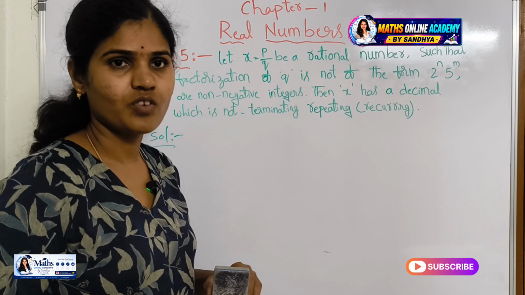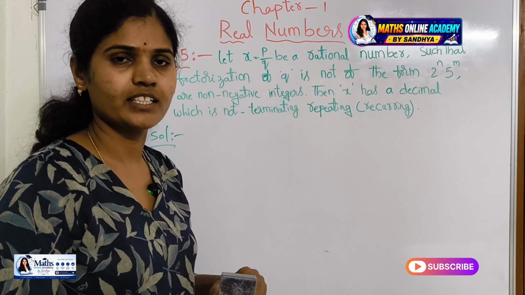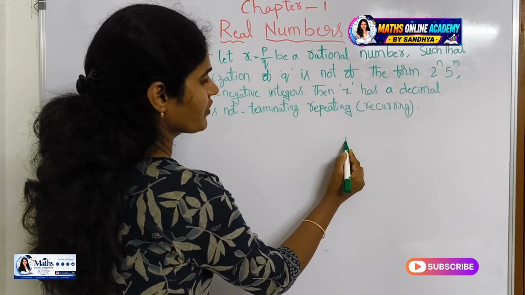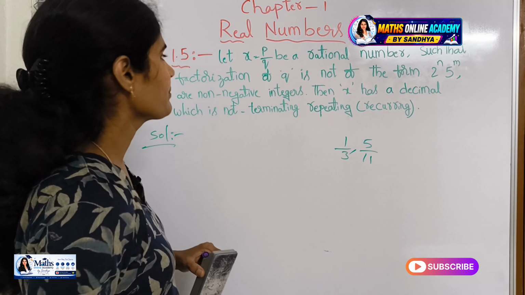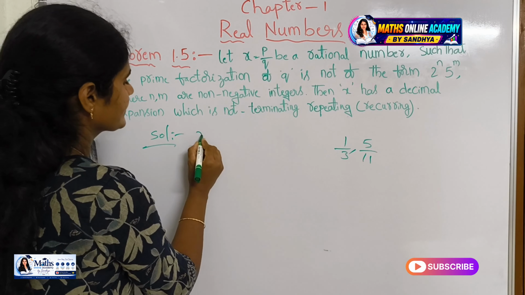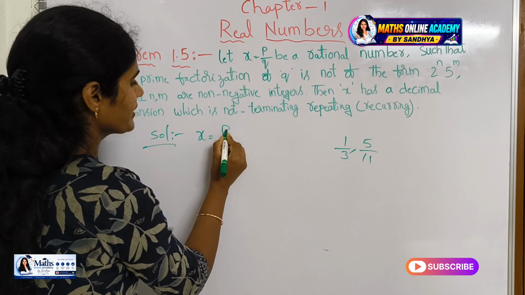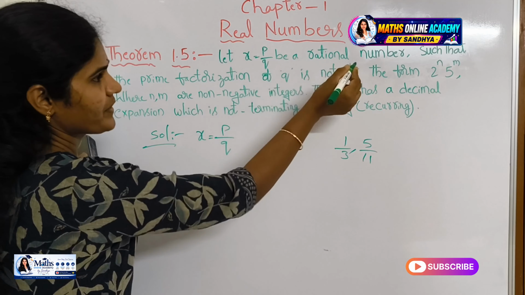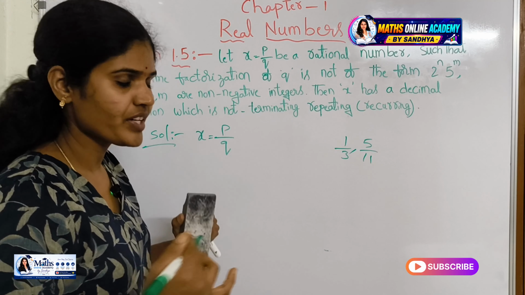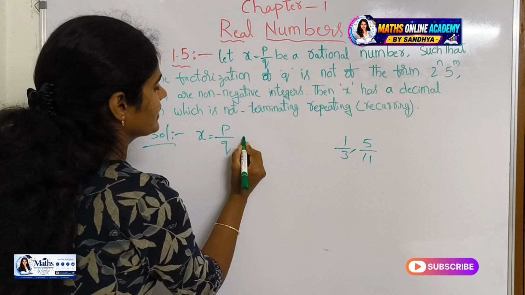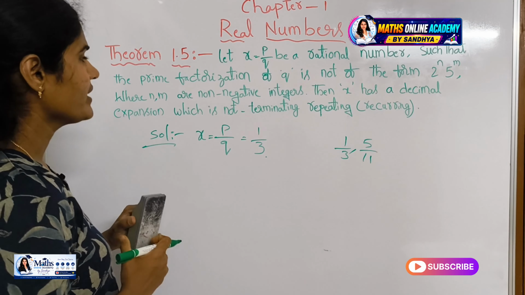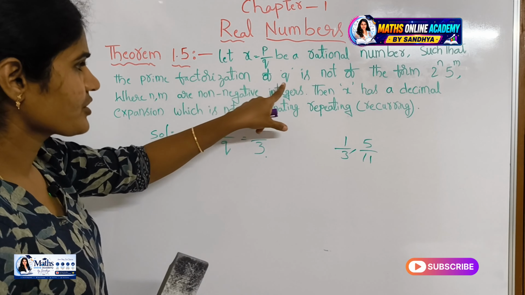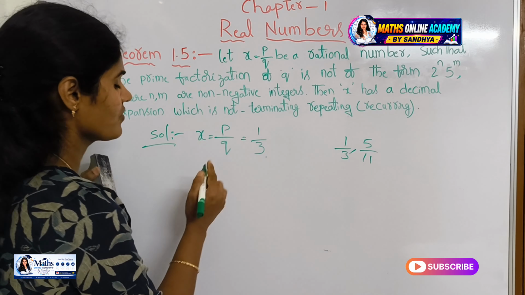Before, we discussed what are non-terminating recurring decimals. In that we took 1 by 3 and 5 by 11. So here also, same, take x equal to p by q be a rational number. Here for example we are taking 1 by 3, a rational number such that the prime factorization of q is not in the form of 2 power n 5 power m.